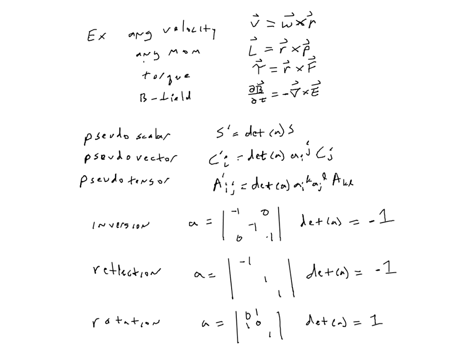Let's see. Next thing I want to talk about is a very special object. And this is not a tensor, but it looks like a tensor. It's called a Levi-Civita, and it's written as epsilon ijk.